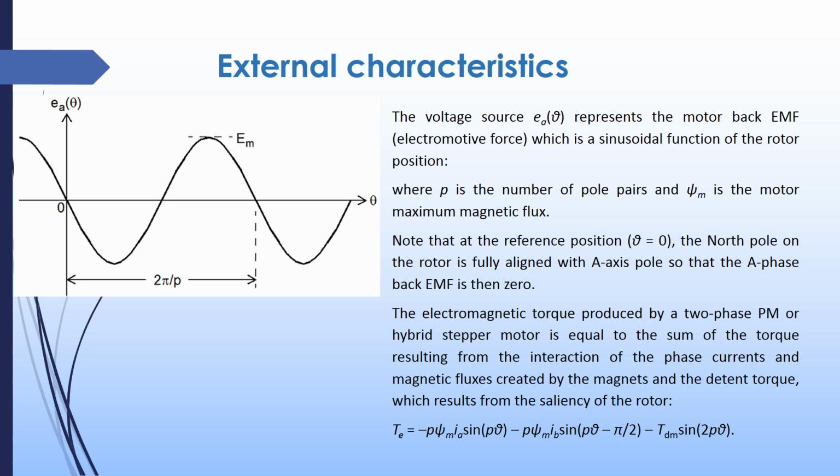The external characteristics are shown below. The electromagnetic torque produced by a two-phase permanent magnet motor is equal to the sum of the torque resulting from the interaction of the phase current and magnetic flux created by the magnet, and the detent torque. The equation is shown below.